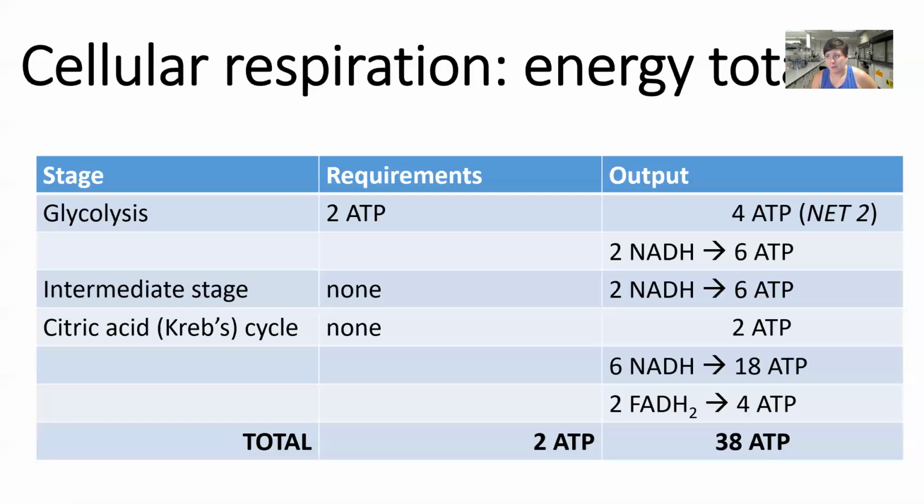So what I want you to be able to do with this information, I do want you to know that 38 ATP are generated via cellular respiration, and how. How many of these are generated via glycolysis, intermediate, and Krebs, and how? Was it substrate level phosphorylation or was it oxidative phosphorylation? You need to know. I could, on the exam or on the final, ask you how many ATP are generated via substrate level phosphorylation during the Krebs cycle.